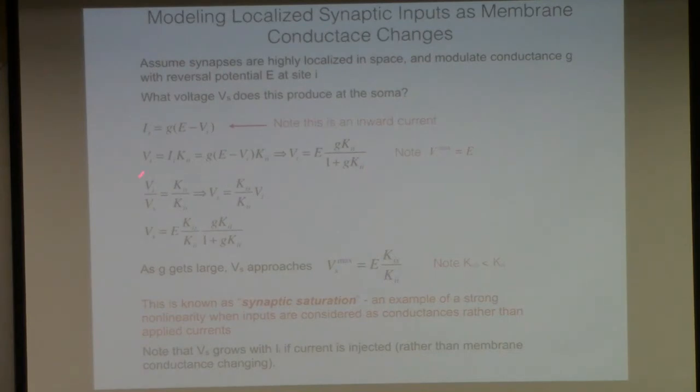And so the ratio of these two voltages is just going to be the input resistance where the conductance change is applied divided by this transfer resistance.